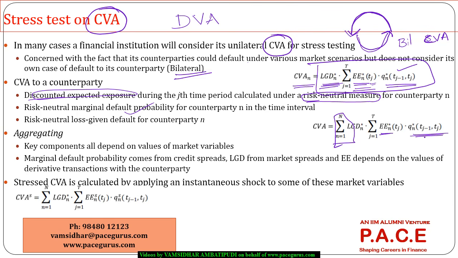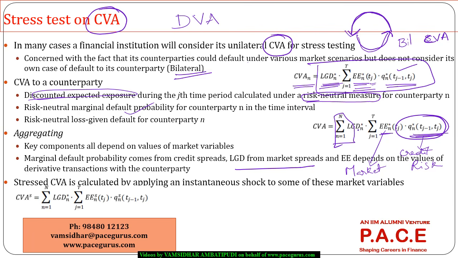If I am considering this variable to be changing for all the counterparties, then I am treating CCR as a credit risk, right? Or if this value is keeping on changing, then I am treating CCR as a part of market risk. The marginal default probability changes based on the credit spread, which means it is coming from the credit risk.